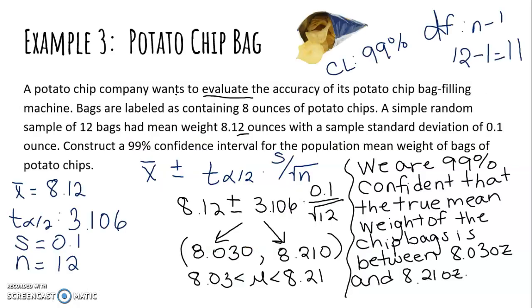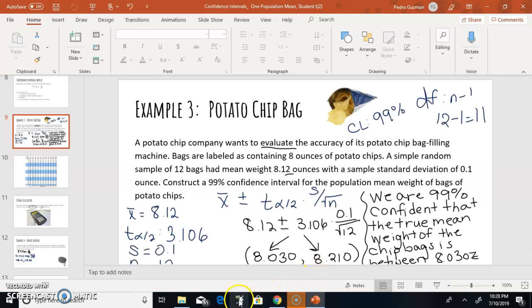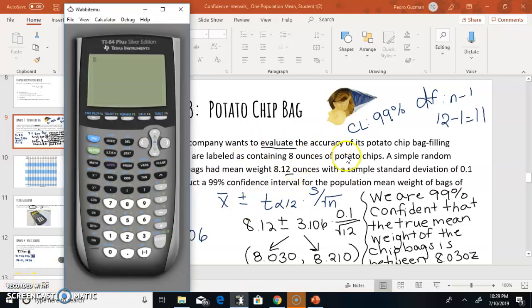So I've gone back to the potato chip bag example, and I want to pull the calculator up, and we're going to see if we get the same thing with the calculator. So we go to stat, we choose tests, and you're going to go down to number 8, T interval.